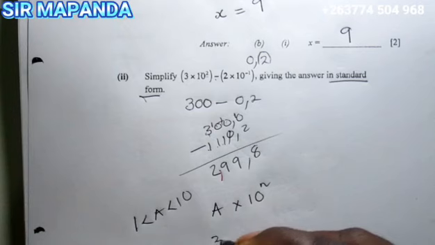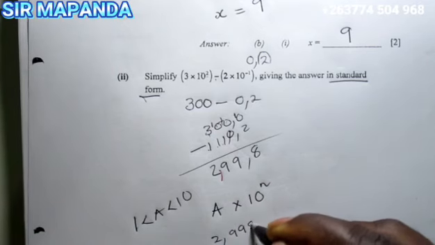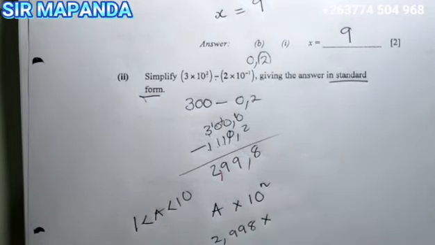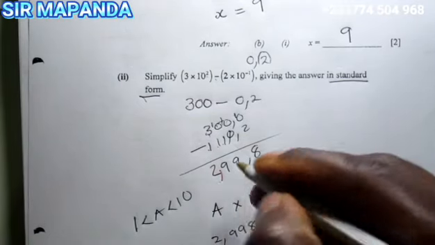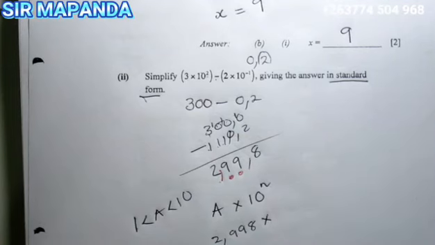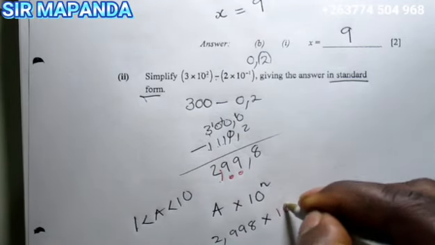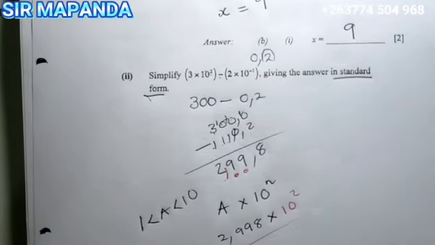So it produces 2.998 times, right? The number of digits between the placed comma and the original comma denotes the power. So our power here is 2. So you have to multiply it by 10 to the power of 2. Then you are home and dry.